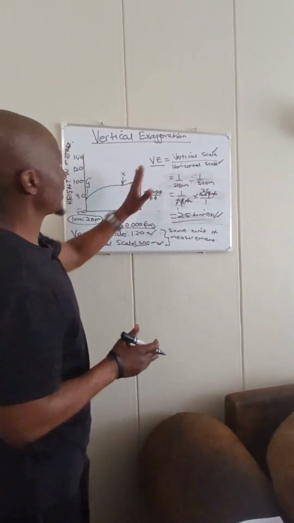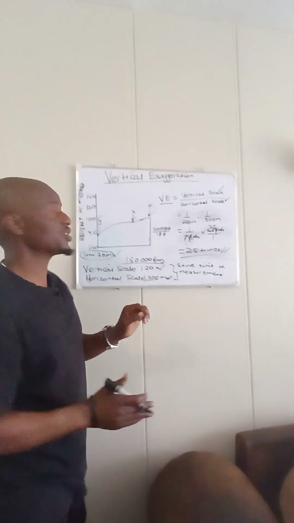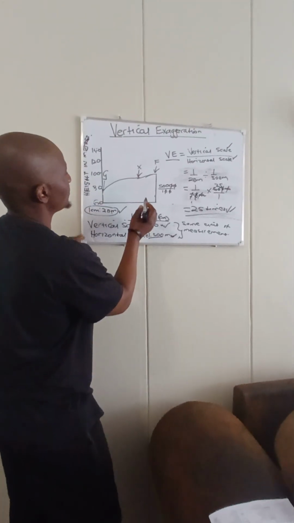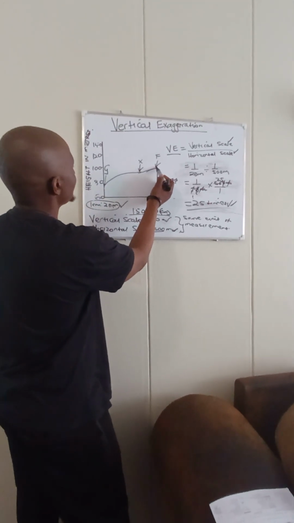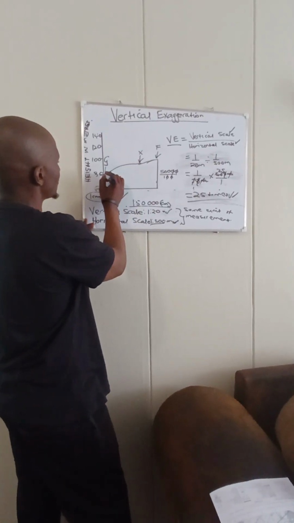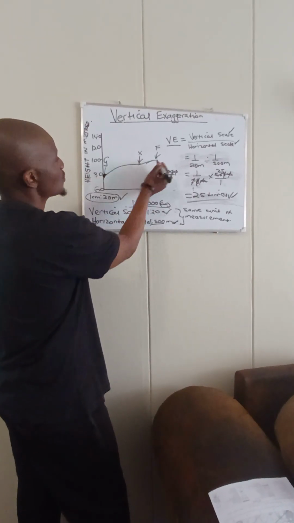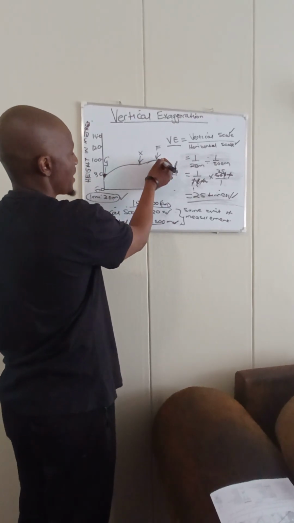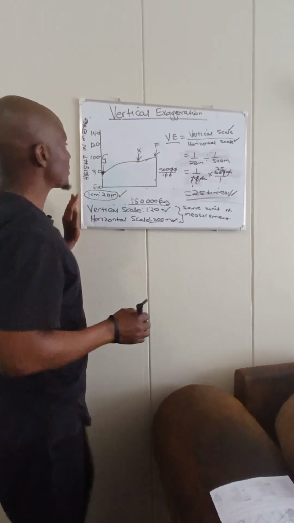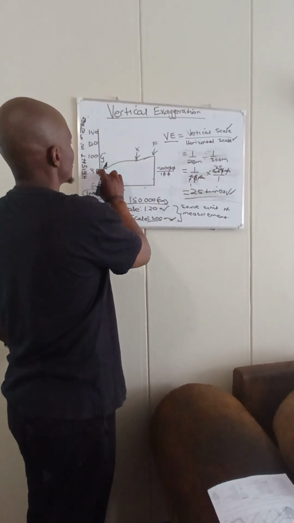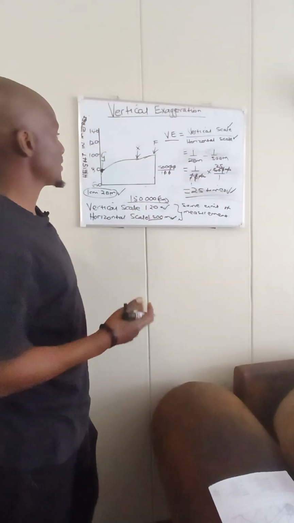Then the other concept that is intertwined with vertical exaggeration is that they can ask you if there is any intervisibility between F and G. Between F and G, you can see that your G is here. It's not easy to see G from F, because there is obstruction along the view from F to G, which means there is no intervisibility.